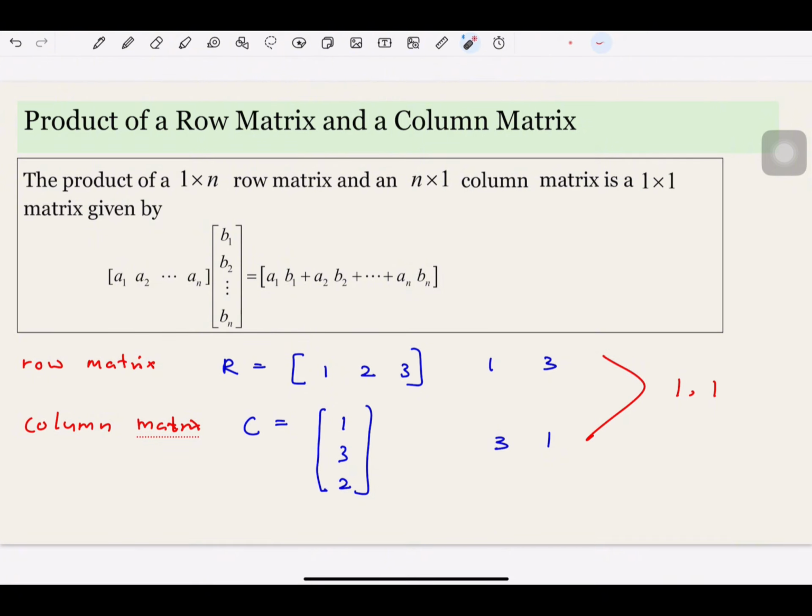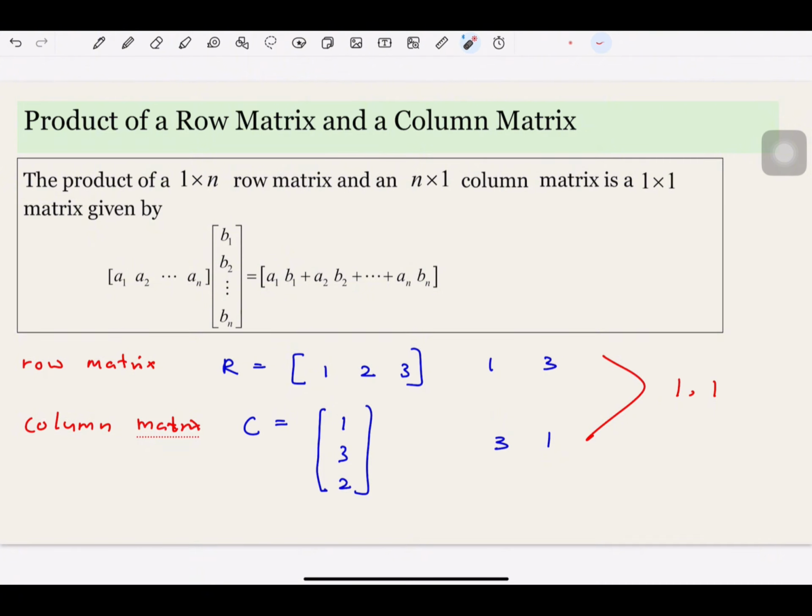Notice the number of columns in this matrix is 3 and the number of rows in this matrix is 3. So you can only multiply two matrices together if the number of columns in the row matrix matches the number of rows in the column matrix.